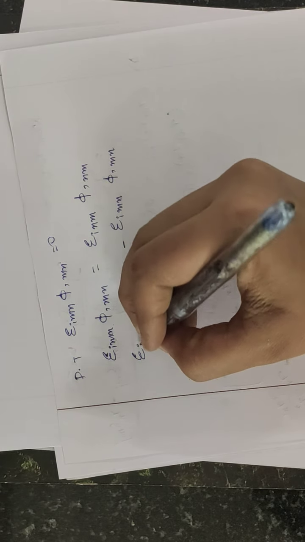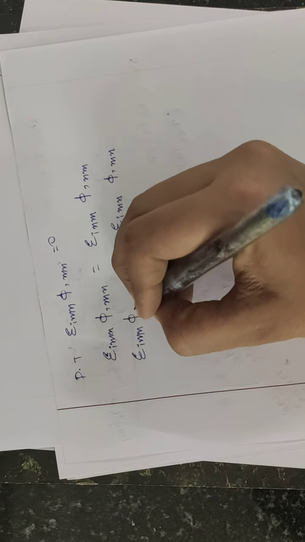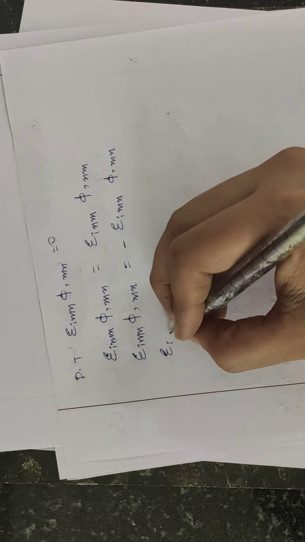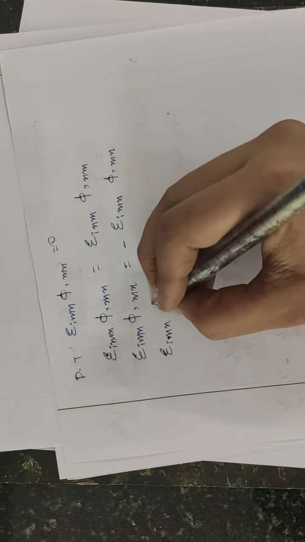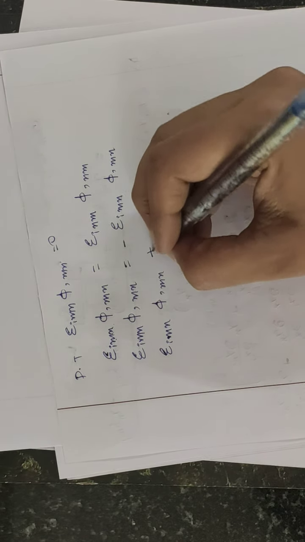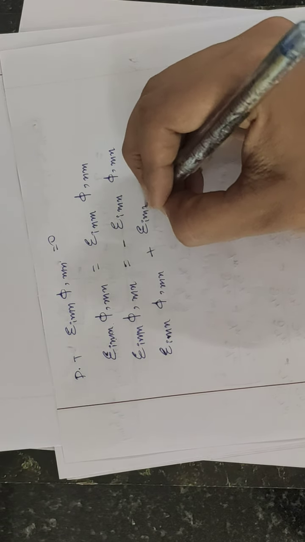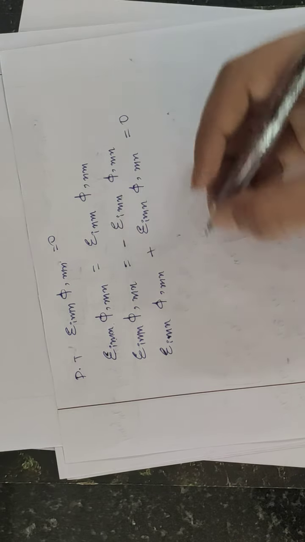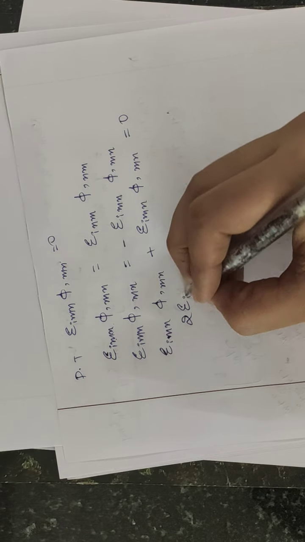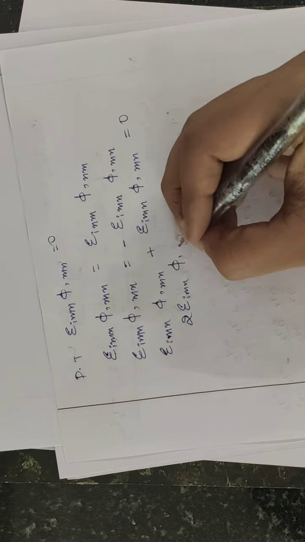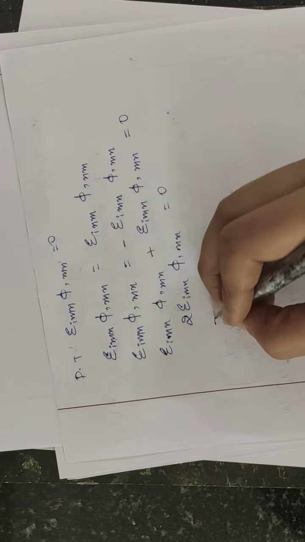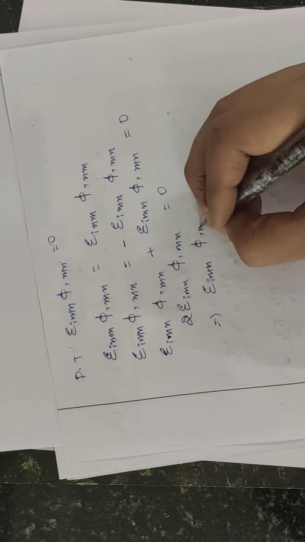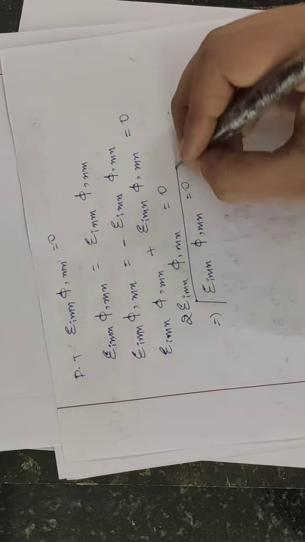So here I have epsilon I mn phi comma mn, so this is nothing but epsilon I mn phi comma mn plus epsilon I mn phi comma mn is equal to 0. So this is 2 times epsilon I mn phi comma mn is equal to 0. So we can write this as epsilon I mn phi comma mn is equal to 0.